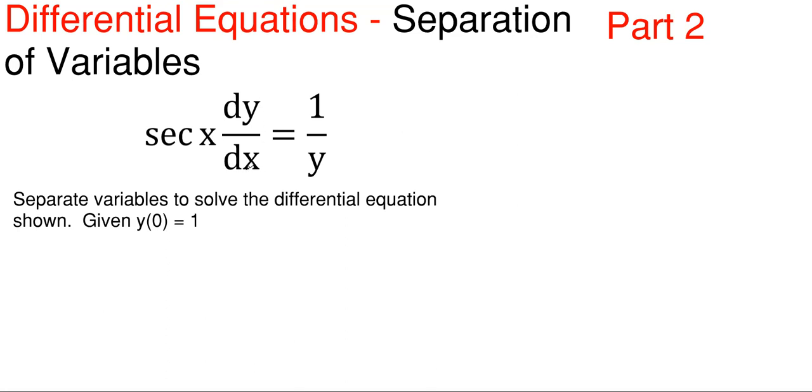So right here we have dy/dx, the secant of x, and 1 over y. So what I'm going to do is rearrange this such that everything involving y is on the left side, and everything involving x is on the right side. So I'm just going to take my y and throw it over, and then take my secant of x and throw it over. So when I do that, I have y dy/dx is equal to 1 over the secant of x.